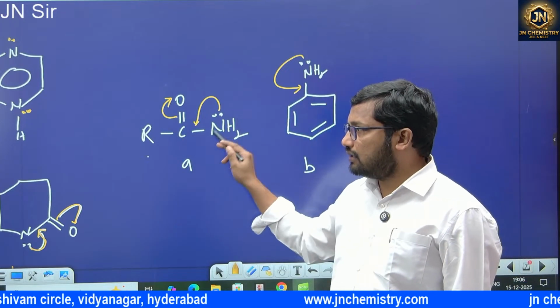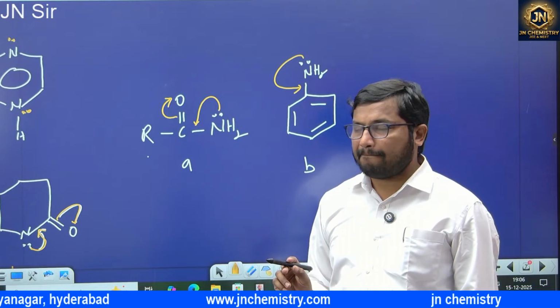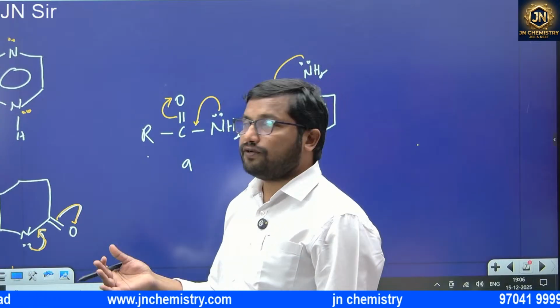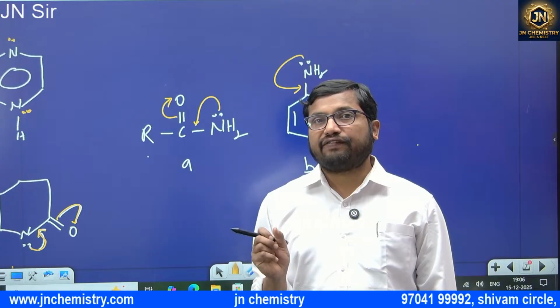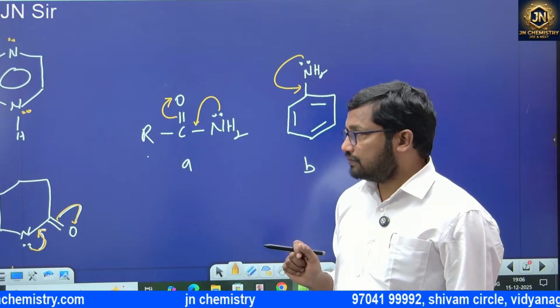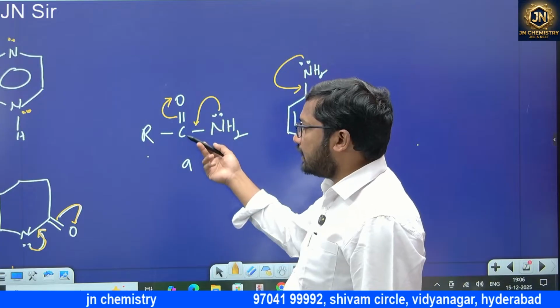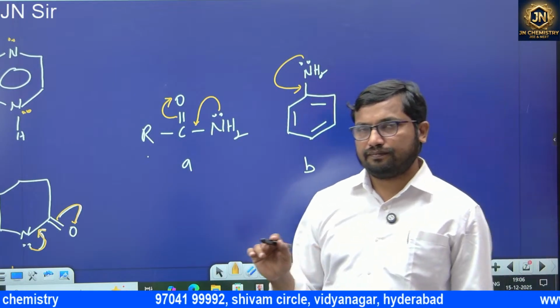Got it? Even in acetic acid, the resonance is equivalent. Whenever equivalent resonance is there, I told you, that case is more effective. Oxygen and nitrogen are almost similar in size and both are highly electronegative.